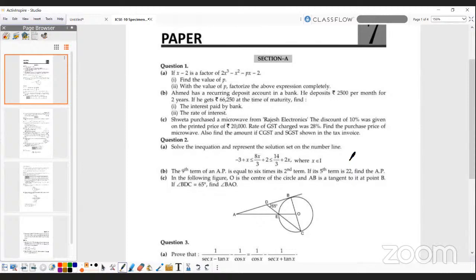I hope each one of you knows the formula for the general term of the AP, right? Just write the value of ninth term of an AP equal to 6 times the second term. Then do the required operations to get the value of first term and the common difference, and then find the AP.